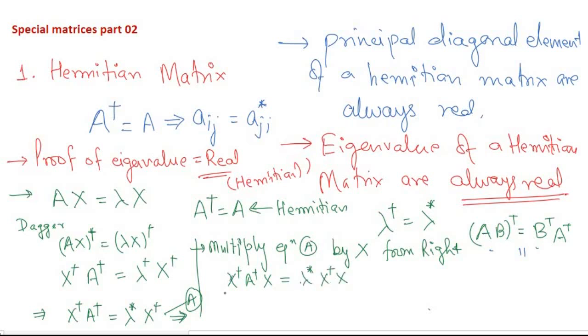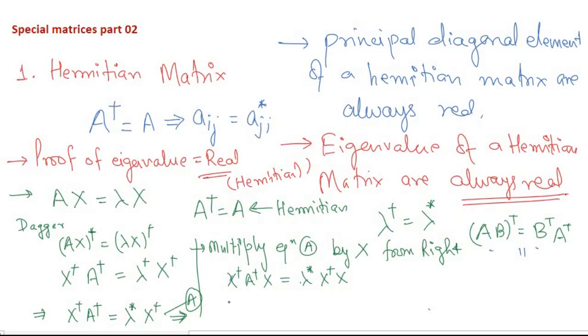transpose X. From the definition of a Hermitian matrix, A dagger is equal to A. Sorry, I said dagger as transpose, but it is known to you that it is a complex transpose.